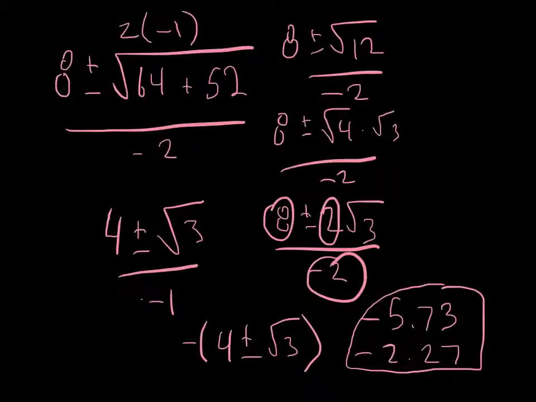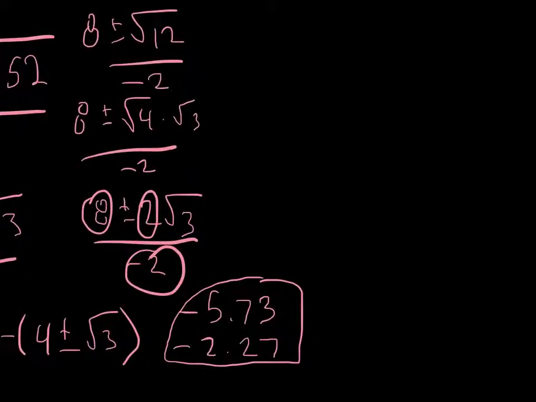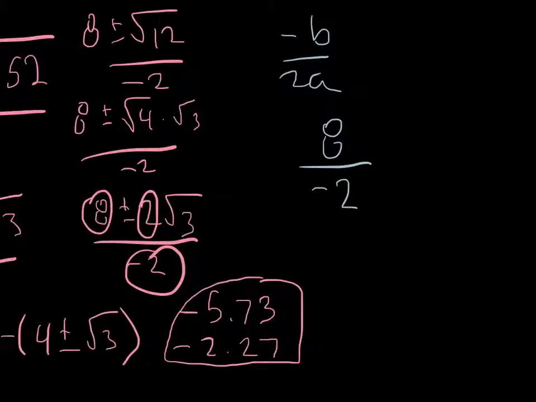And then to find the vertex, we have negative b over 2a, which is 8 over negative 2, which comes out to be negative 4. So that's our x value.